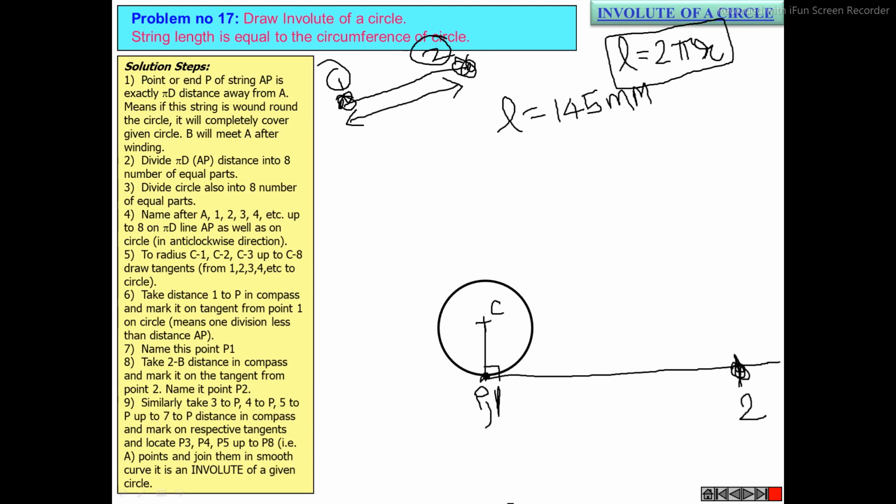Yes or no? Yes, sir. And the length of the thread from 1 to 2 is how much? It is 2 pi r, equal to L. That means this is the starting locus point of your involute, and this is the ending locus point of your involute. Yes or no?